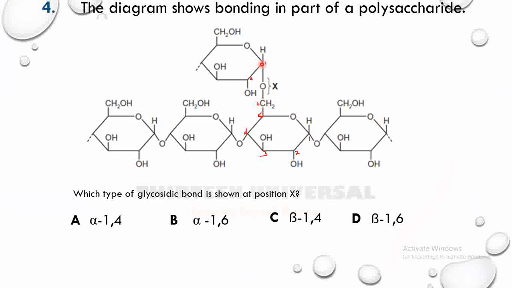So this is going to be alpha 1,6. It's not alpha 1,4, which is between the first carbon atom of a molecule of glucose and the fourth carbon atom of another adjacent molecule. But this is the first carbon atom here and the 6. So this is 1,6. It's not beta, it's alpha.